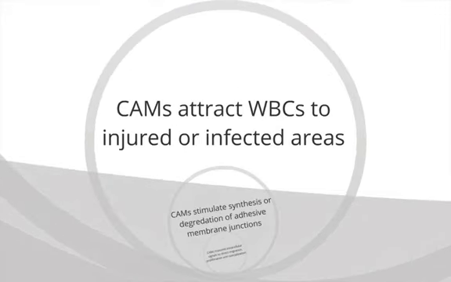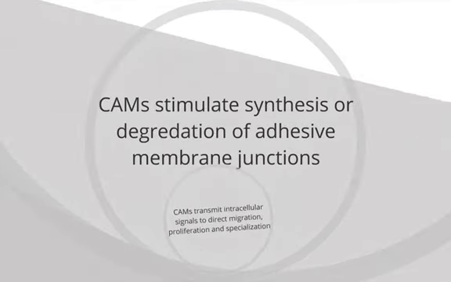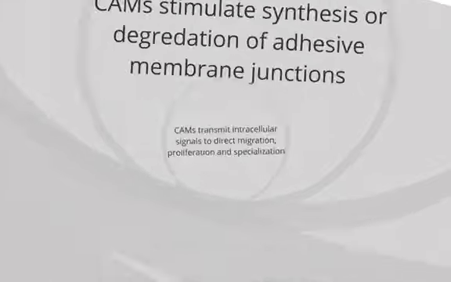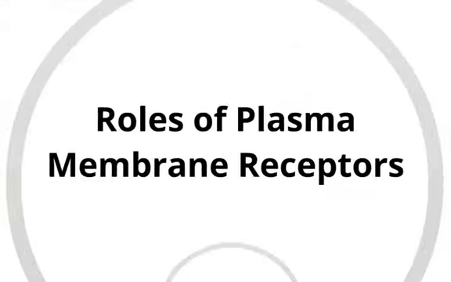Cell adhesion molecules have the ability to attract white blood cells into an injured or an affected area. Cell adhesion molecules can trigger the synthesis or breakdown of adhesions between cells. And cell adhesion molecules transmit signals between cells in order to direct migration or proliferation, that's making new cells by the way, or specialization. So that's cell adhesion molecules.